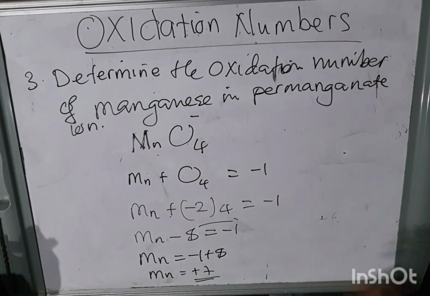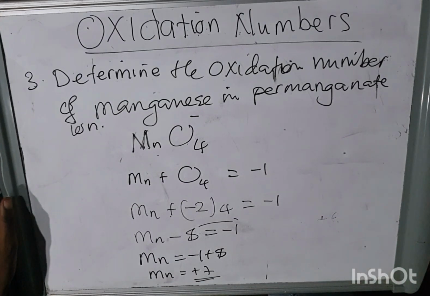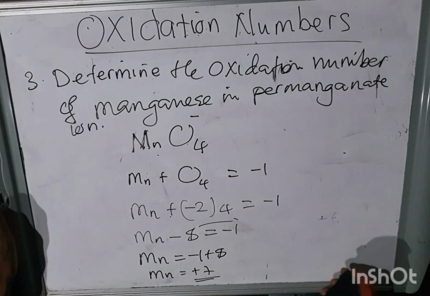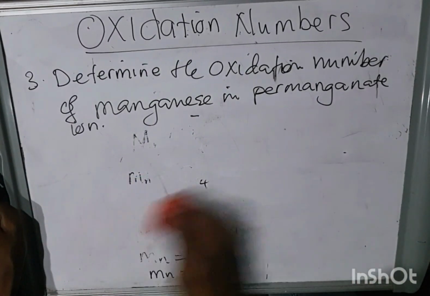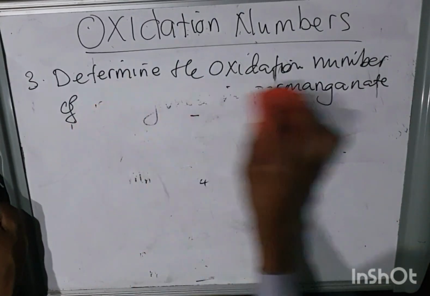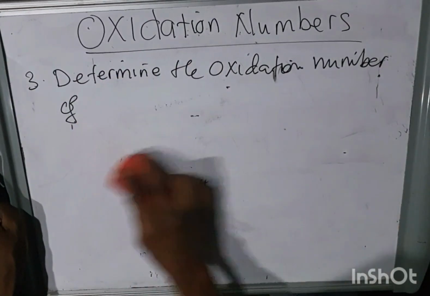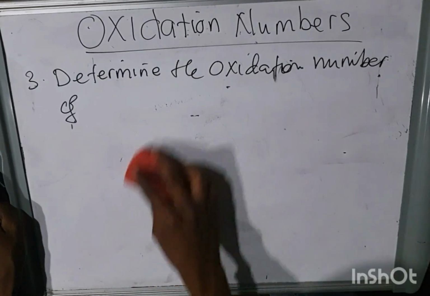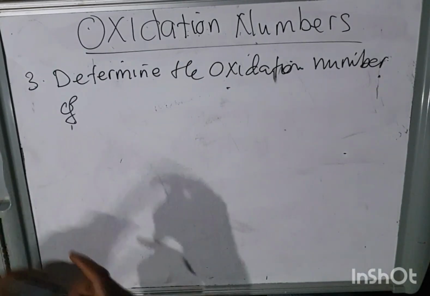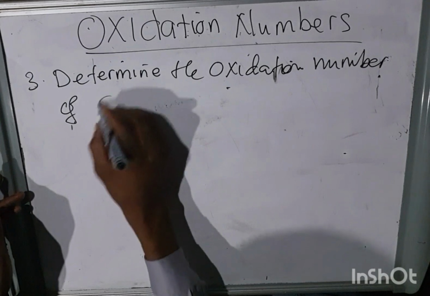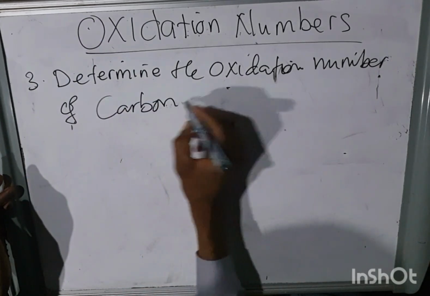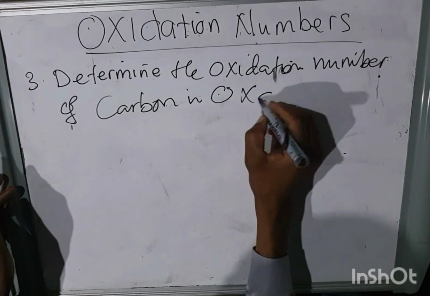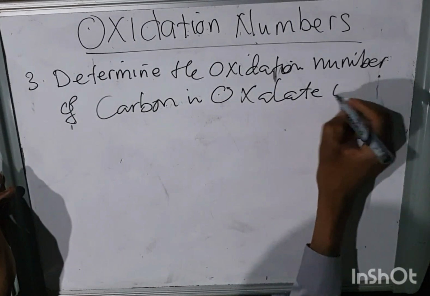The last example in today's video is finding the oxidation number of carbon in oxalate ion. Determine the oxidation number of carbon in the oxalate ion.